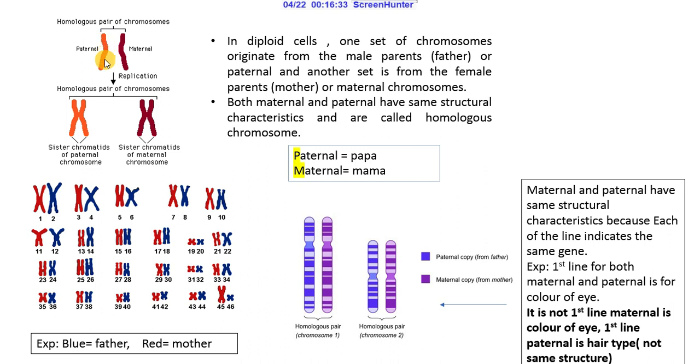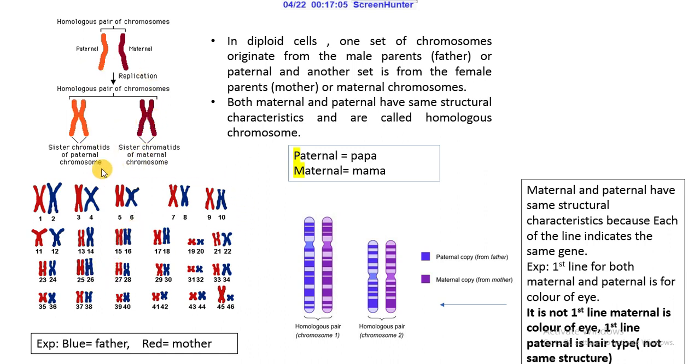So the paternal chromosome will undergo replication, as I had explained before, and it will become a complete chromosome. Both the maternal and paternal have the same structural characteristics and are called homologous chromosomes. When they undergo replication, these two chromosomes we call homologous chromosomes.